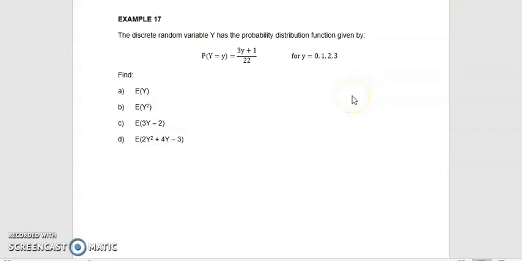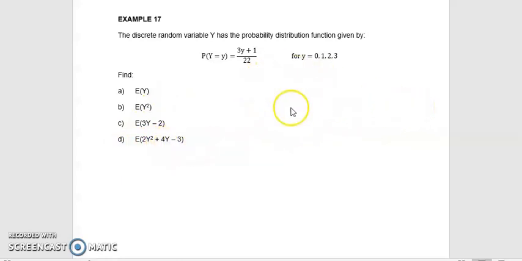Now let's look at this last example. Here, a formula is given. The discrete random variable Y has the probability distribution function (3y plus 1) divided by 22, for y equal to 0, 1, 2 and 3. Find E[Y], E[Y squared], E[3Y minus 2] and E[2Y squared plus 4Y minus 3].